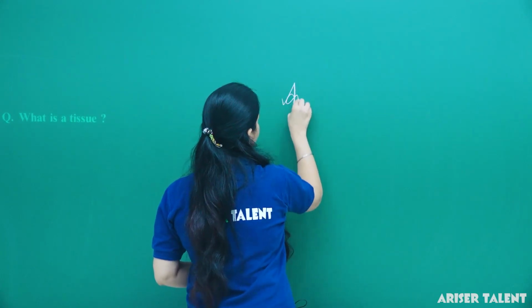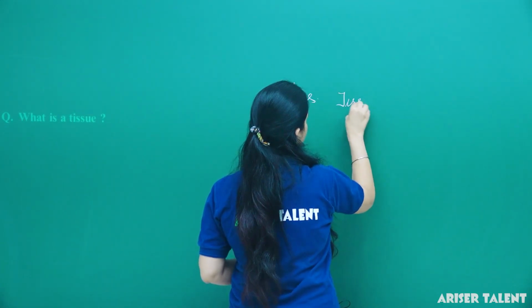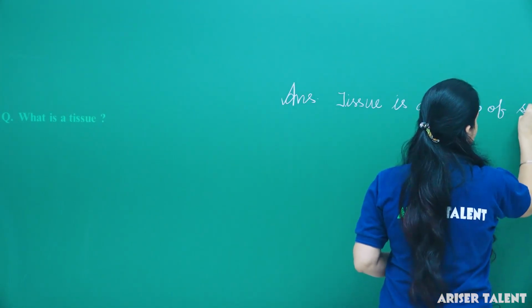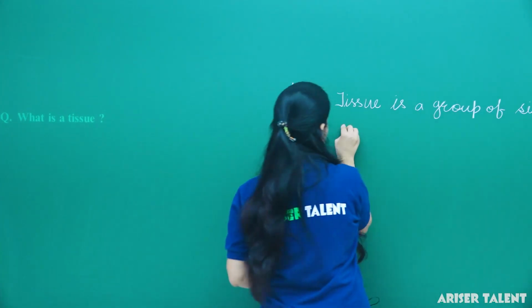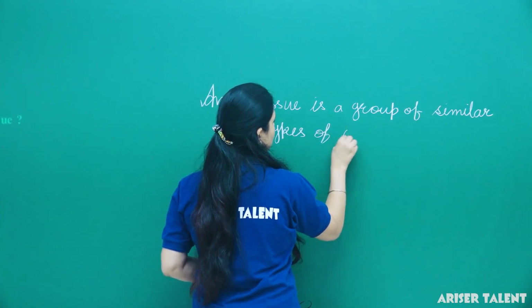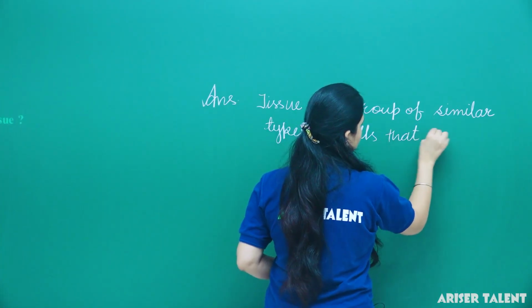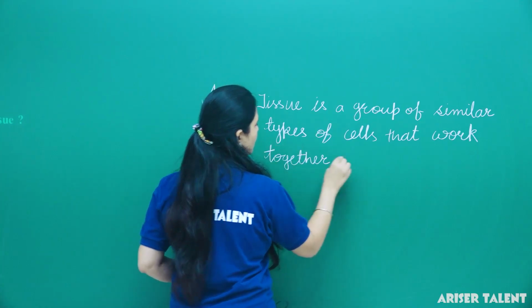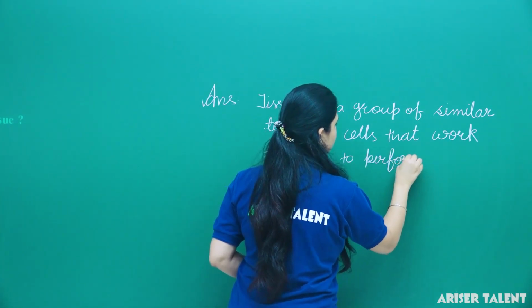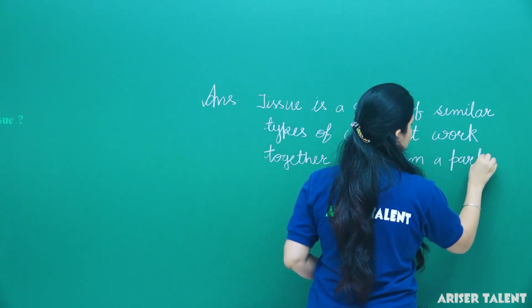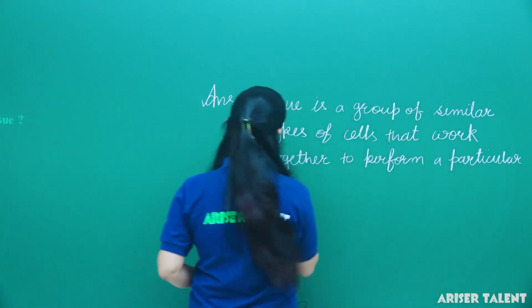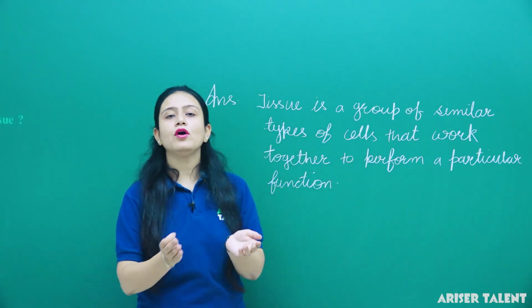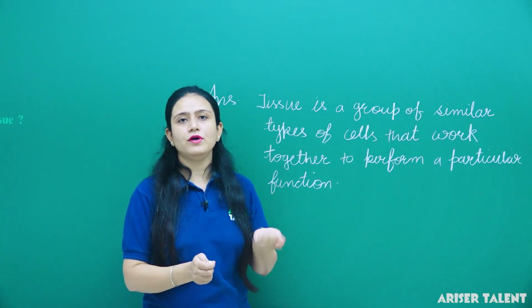What is a tissue? Tissue is a group of similar type of cells that work together to perform a particular function.